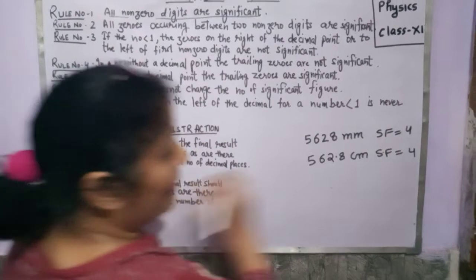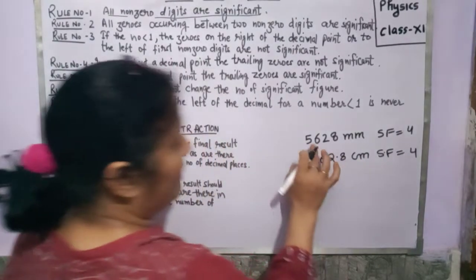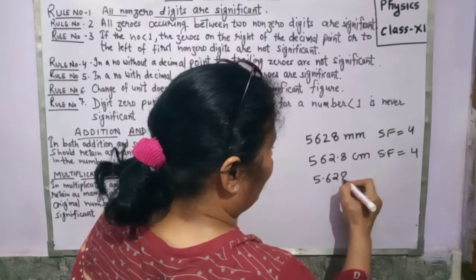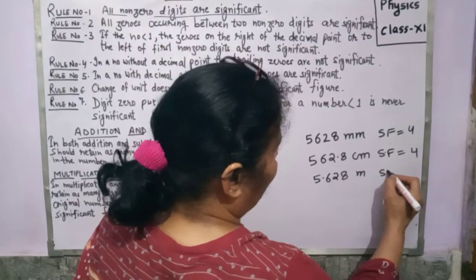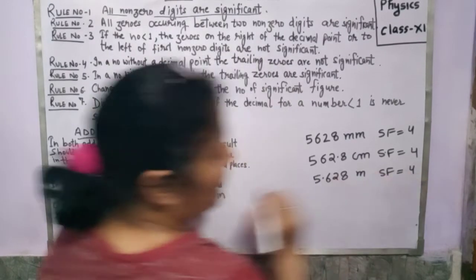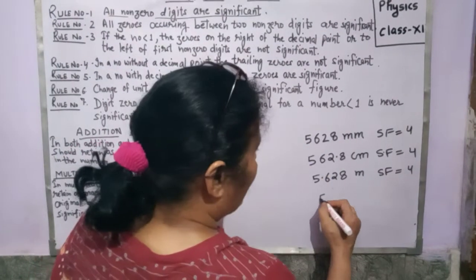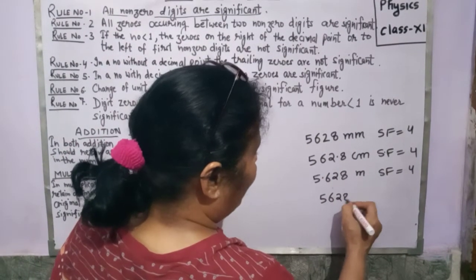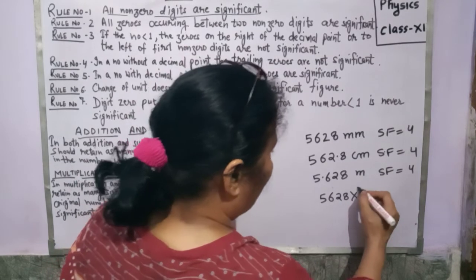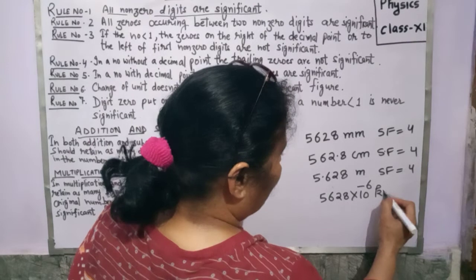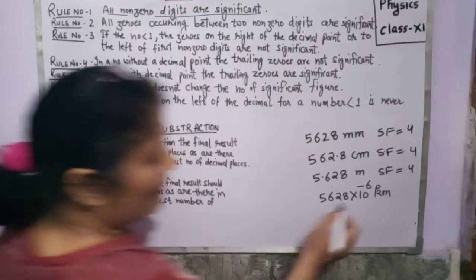If it is converted into meter, that means it is divided by 1000, 5.628 meter. Then the significant figures are also equal to 4. If it is converted into kilometer, that means 5628 into 10 raised to the power minus 6 kilometer. Then the power of ten is not taken into account.